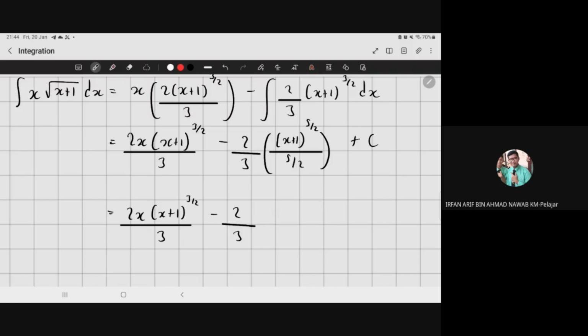If I want to simplify, I could simplify it, or to make it simple, I just factorize 2 over 3 out.